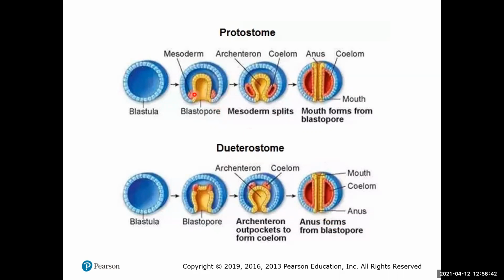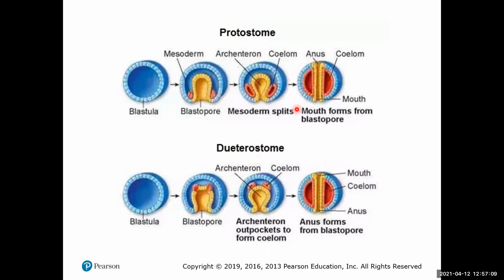And what you also see is that different tissue layers are developing as well. So you have your ectoderm, which is like your skin, your endoderm, and your mesoderm. Right? We'll talk a little bit about that in a few minutes. But basically, whatever the blastopore opening develops into tells you which of these groups it falls in.